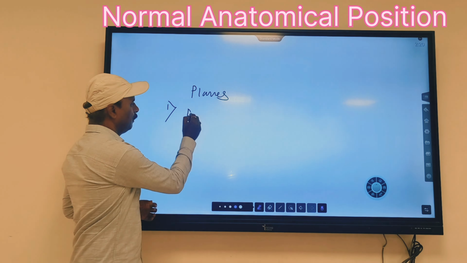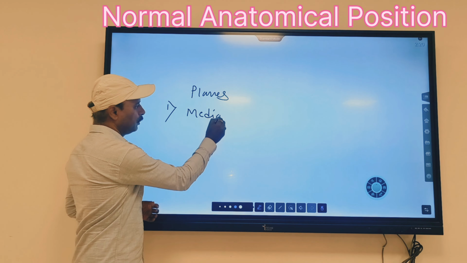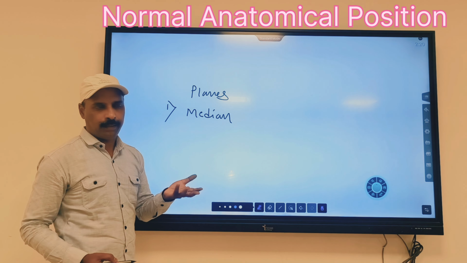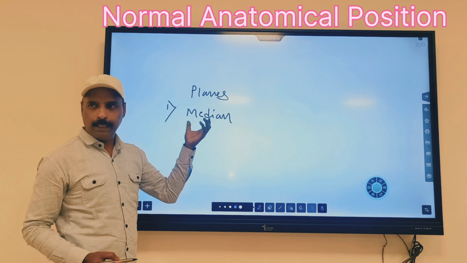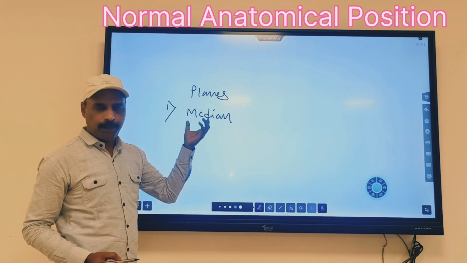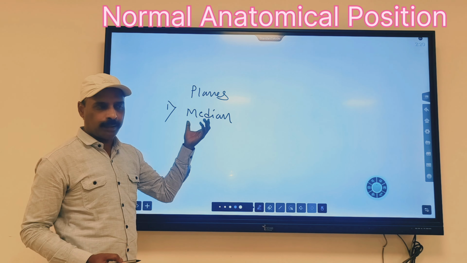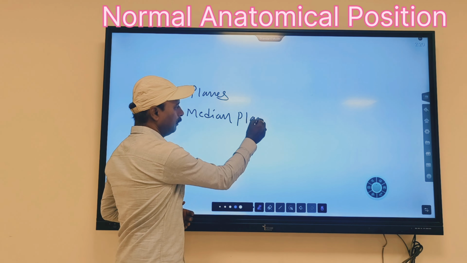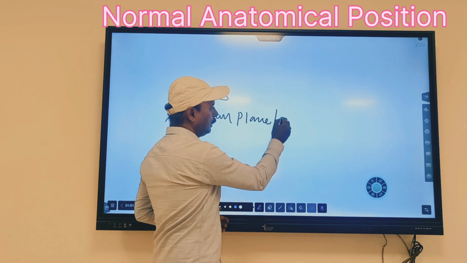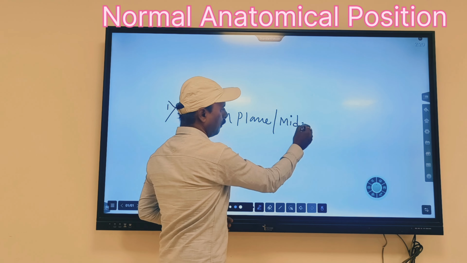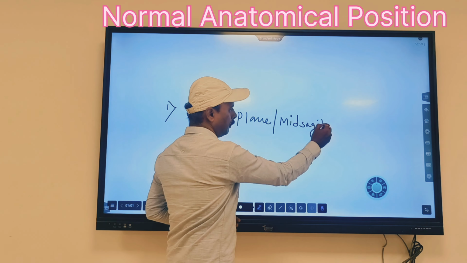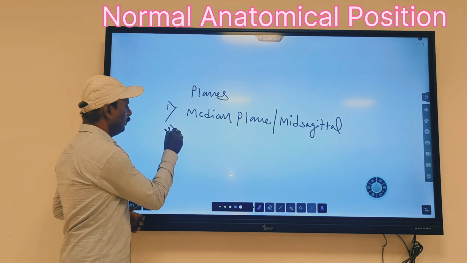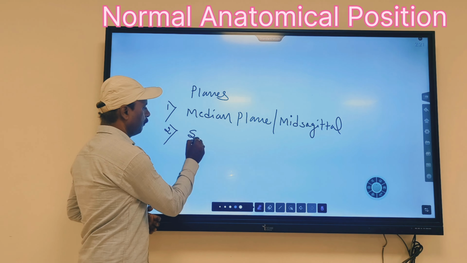So we get, one, the median plane. It should not be confused with medial. One more word which comes is medial, but you should not confuse medial and median. You should be very particular in understanding what the median is. This is the median plane, or we can call it the mid-sagittal plane. Then the second one is the sagittal plane.